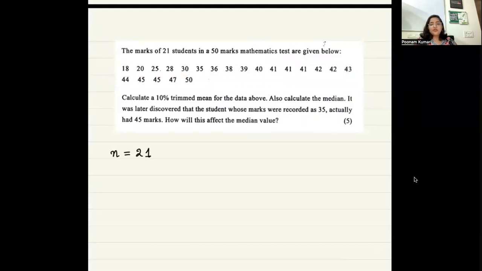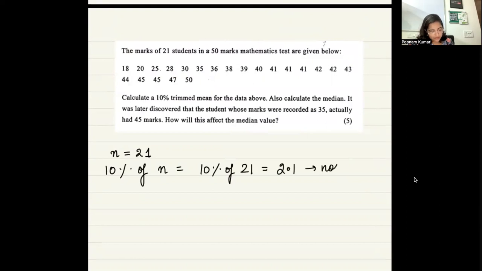We have to find the 10% trimmed mean. So what is 10% of n? 2.1. So 10% of 21 is 2.1. Is 2.1 an integer? No, not an integer. So then what do we do?